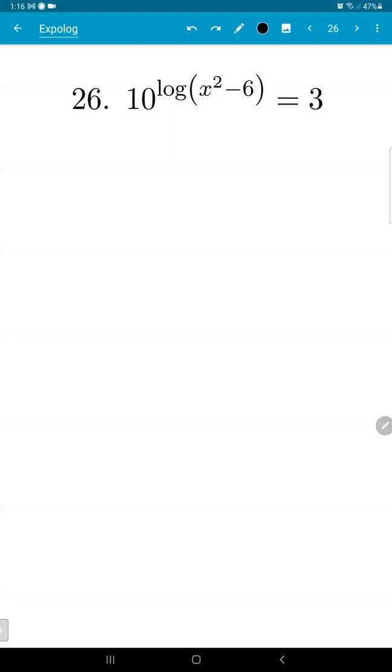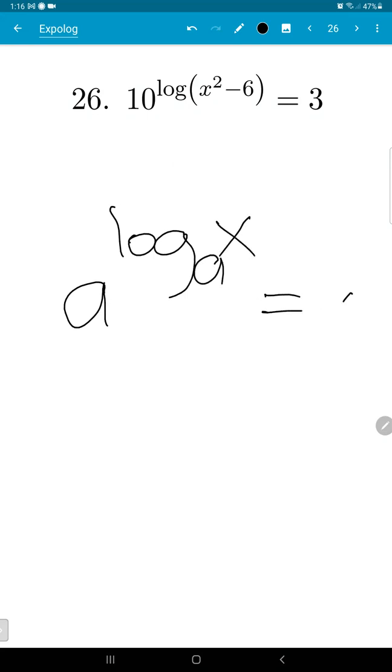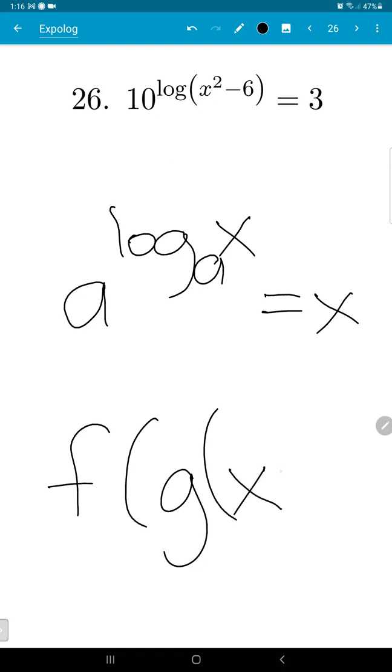So we have this identity: we know that the logarithm and the exponential are inverse operations, so they cancel each other out. In other words, if I raise a to its logarithm, or rather the logarithm of x base a, I get back to x. This is like a composition of two functions. Remember, f of g of x.